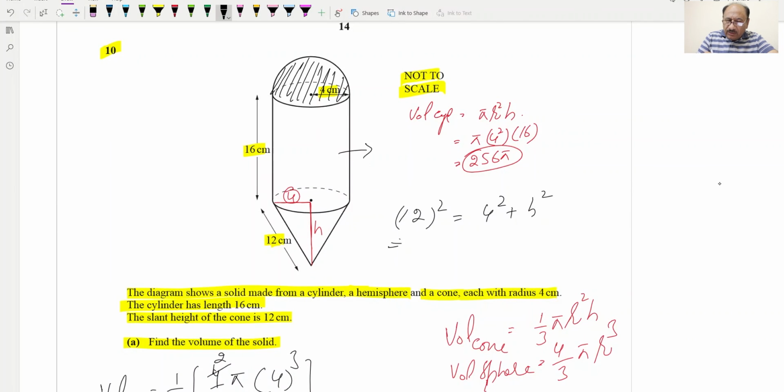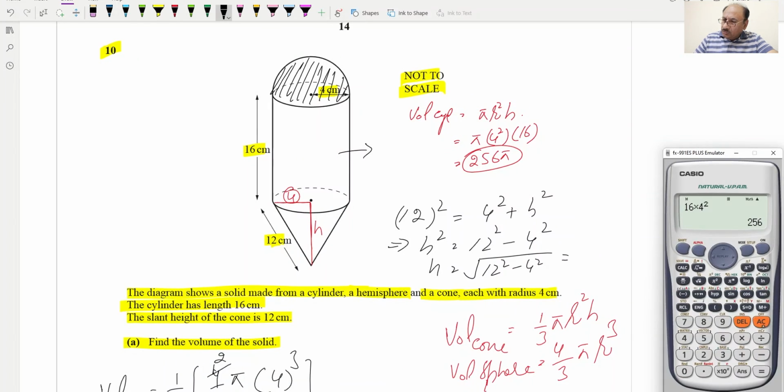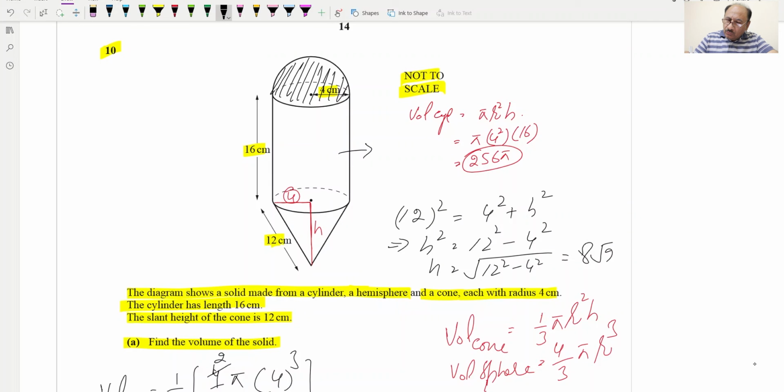So this implies h squared is equal to 12 squared minus 4 squared, and h will be equal to square root of 12 squared minus 4 squared, which is equal to 8 root 2. So 8 root 2 is basically h value.